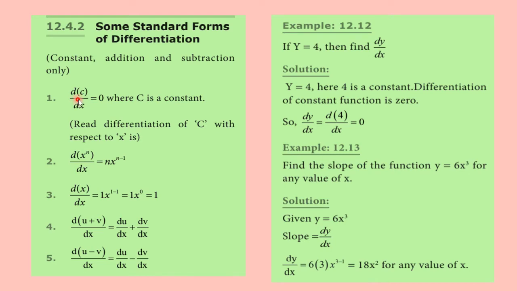Differentiation of a constant with respect to x is equal to 0. So when you differentiate a constant, it is always 0. Differentiation of a constant with respect to x is 0, where c is a constant.